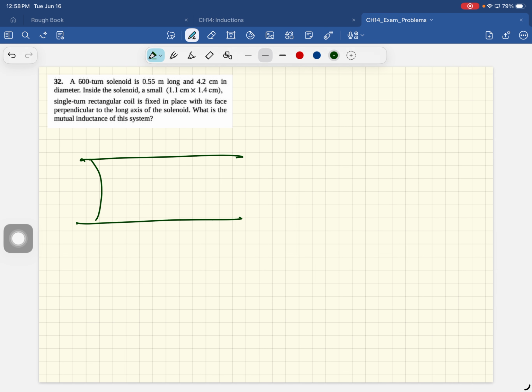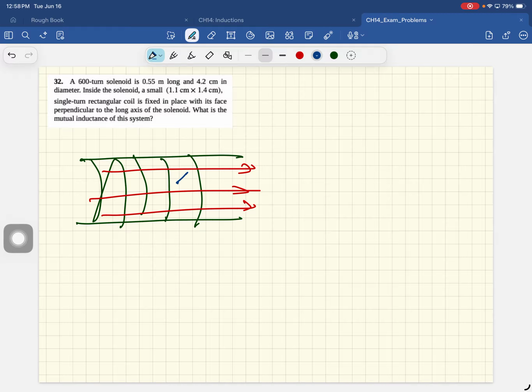And this will be henries: 4 pi times 6 times 1.1 times 1.4. So 211 nanohenries.